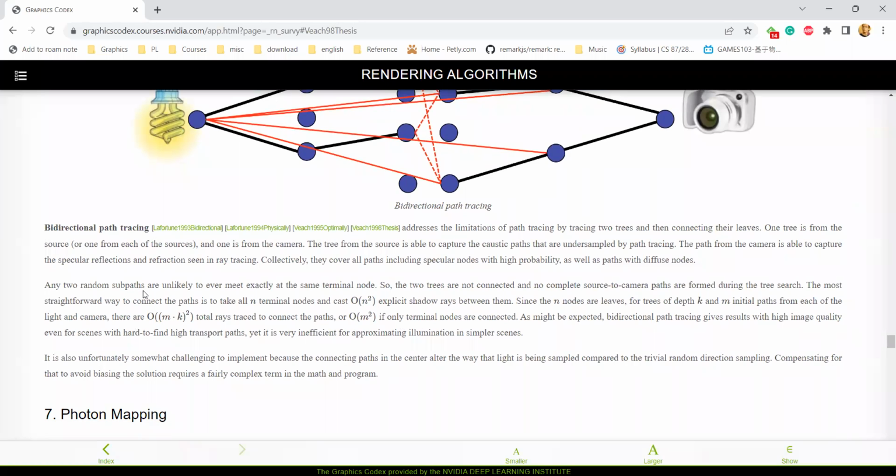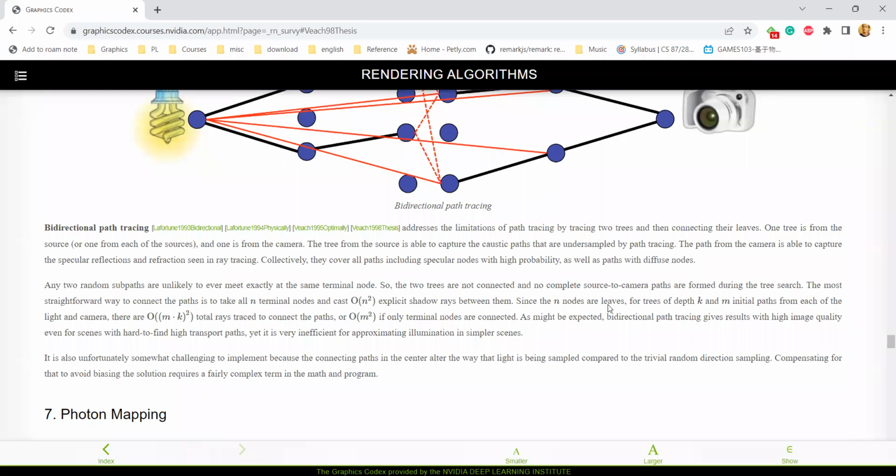Any two random subpaths are unlikely to ever meet exactly at the same terminal node. So the two trees are not connected and no complete source-to-camera paths are formed during the tree search. The most straightforward way to connect the paths is to take N terminal nodes and cast N squared explicit shadow rays between them.